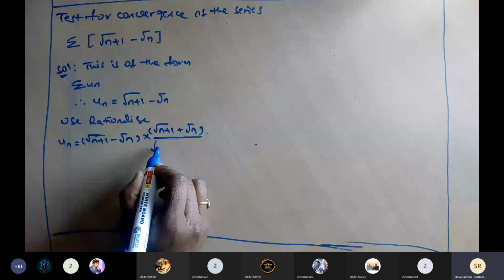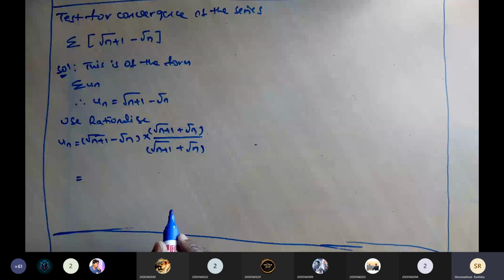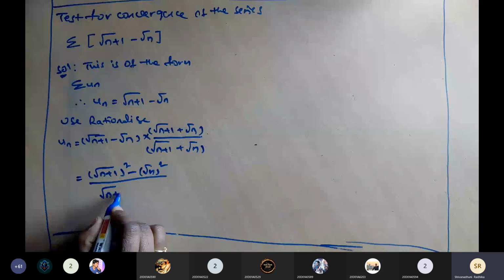Now a minus b into a plus b is a square minus b square. So root n plus 1 whole square minus root n whole square, divided by root n plus 1 plus root n.